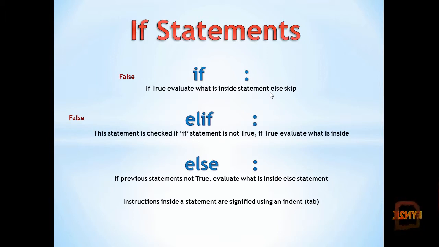This is the tab. If, however, the if statement evaluates to false, we'll go to the elif statement and we'll check what is inside of that. If what is inside the elif statement evaluates to false, we'll go to the else statement, such that we'll run what is inside the else statement. The else statement does not have anything to evaluate inside of it. It would automatically be run.